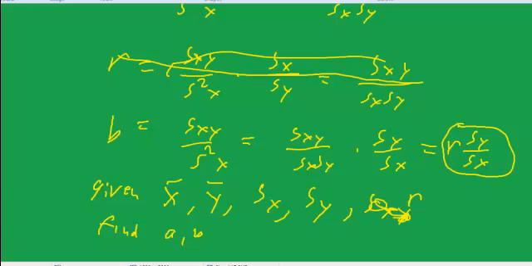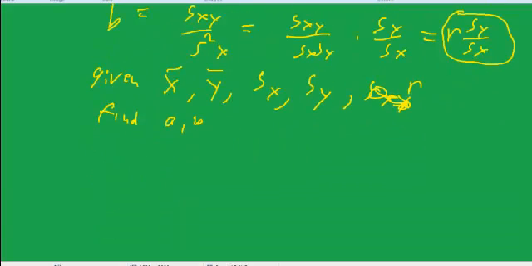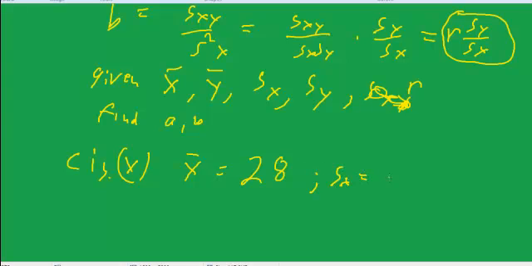So in our hypothetical example, suppose that for the cigarettes x bar, let's say, is 28 per day, sx equals 8.